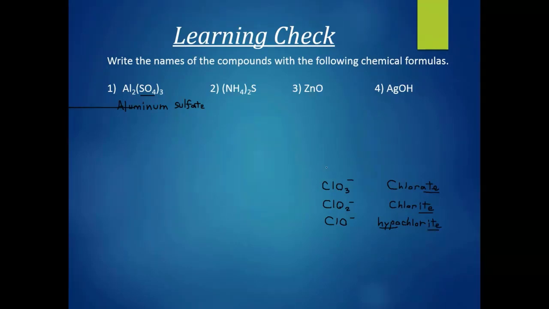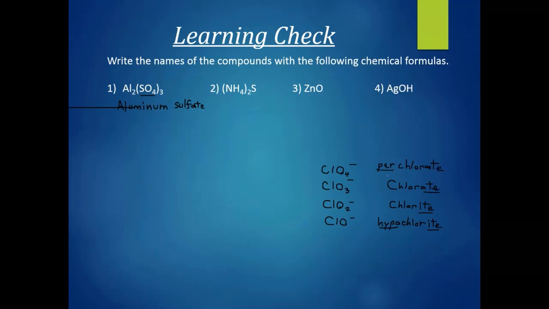You can also have a situation where it has one more oxygen than expected. Once again, the charge doesn't change. The charge is -1 for each one of these. But if it has one extra oxygen, it is referred to as perchlorate. So it has a per in front of it to indicate an extra oxygen.